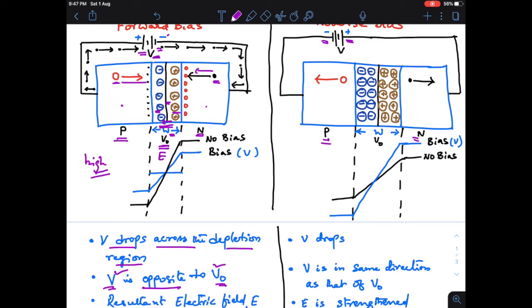These holes into the N side will become minority, and these electrons into the P side will become minority, and this process is called excess minority carrier injection.